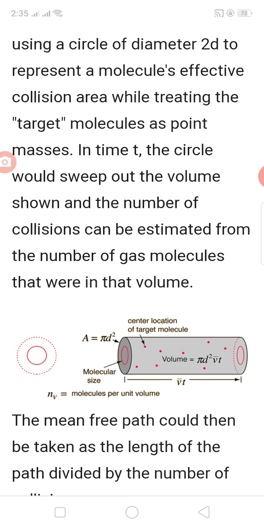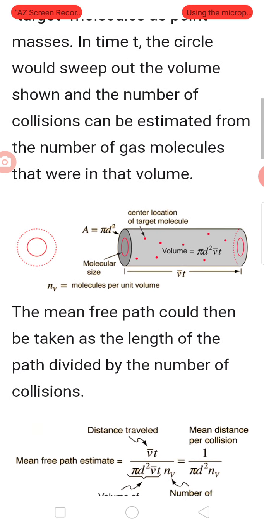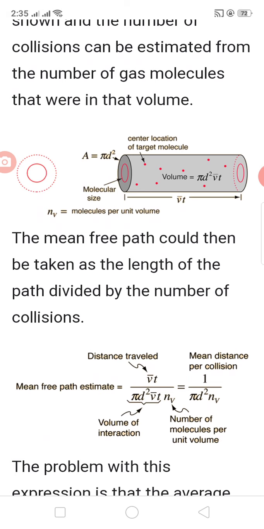The mean free path could then be taken as the length of the path divided by the number of collisions. Mean free path is defined as the length of the path divided by its number of collisions.